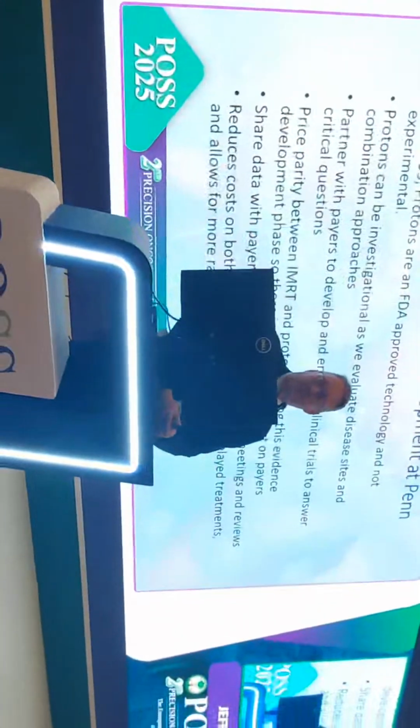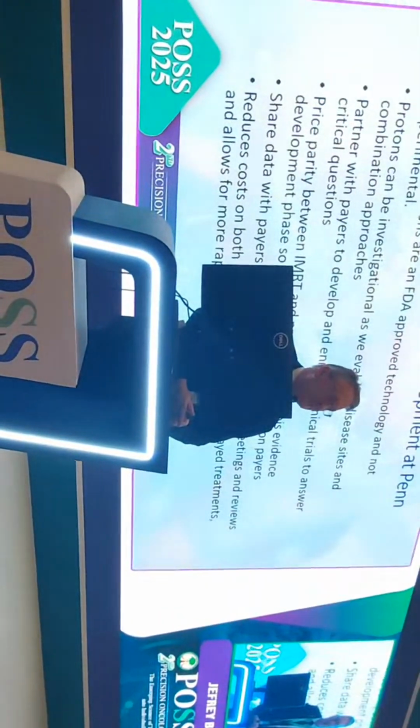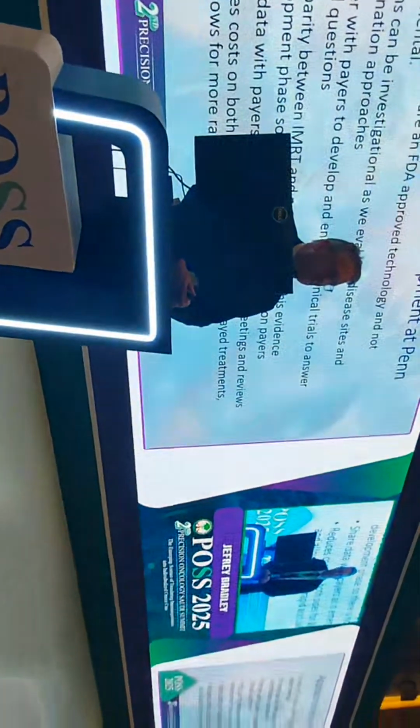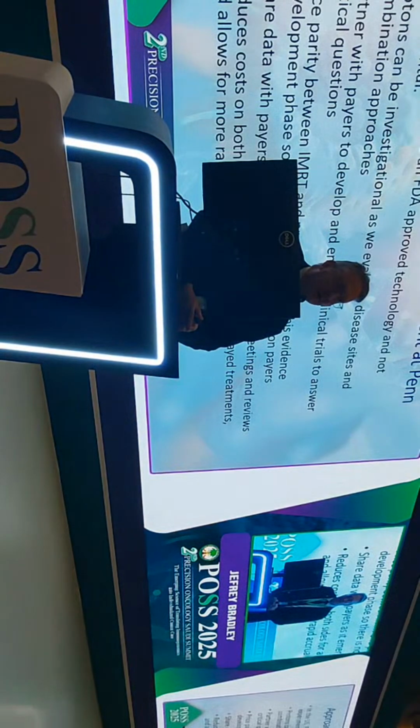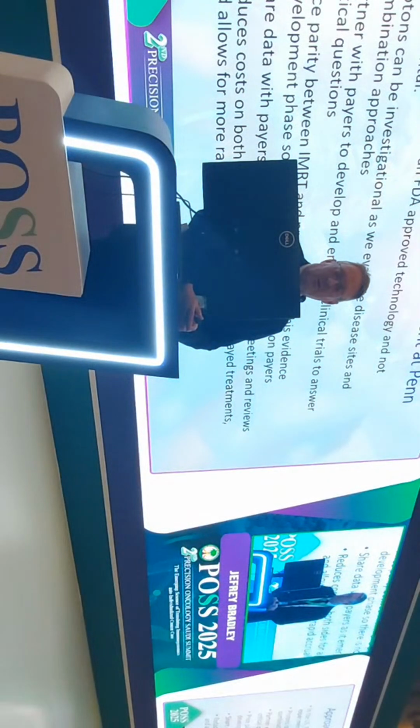We partner with our payers or insurance companies to develop and enroll patients in clinical trials to answer clinical questions. We offer price parity between protons and photons to encourage the insurance company to accept patients on the trials and pay for their treatment, and it encourages patients to enroll in clinical trials.